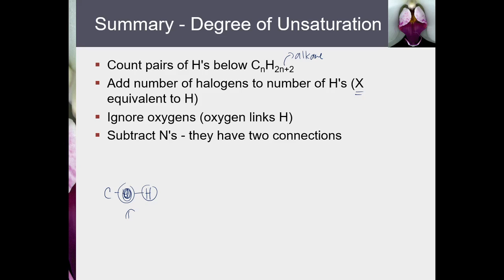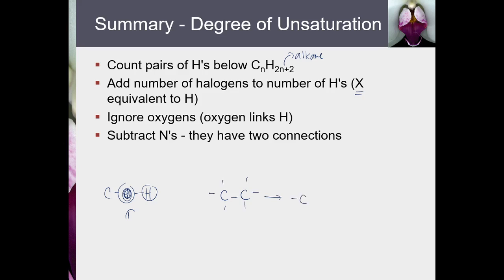Then, for nitrogens naman, magsusubtract ka. Kasi nga, yung sa ating scenario kanina, if you have here a CC bond, itong CC bond na to ay maglalagay ka ng nitrogen dyan. Yan. So, ito ay 6 na hydrogens.